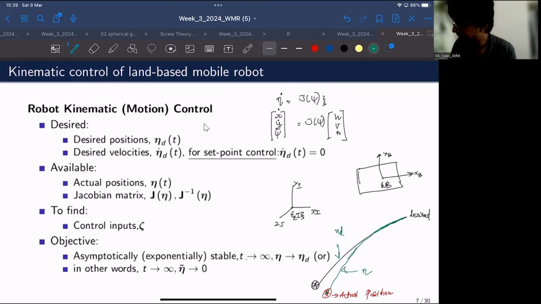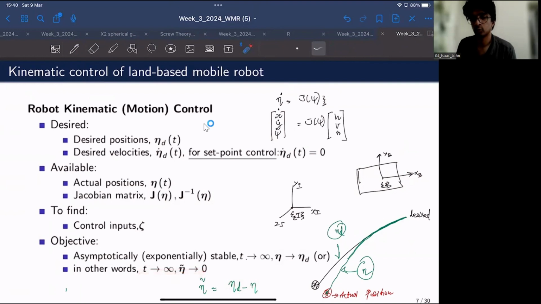As time tends to infinity, the error or the gap between eta desired and eta should vanish. If we call this parameter, eta desired minus eta, eta tilde, the error between desired and actual, you can also pose this problem as: as time tends to infinity, eta tilde should tend to 0.